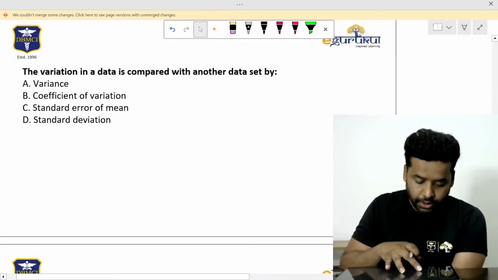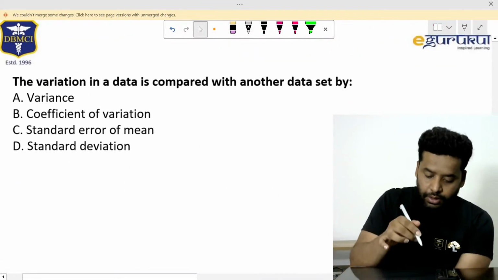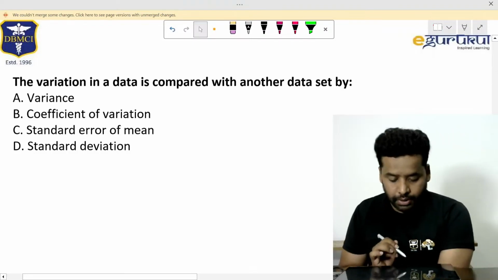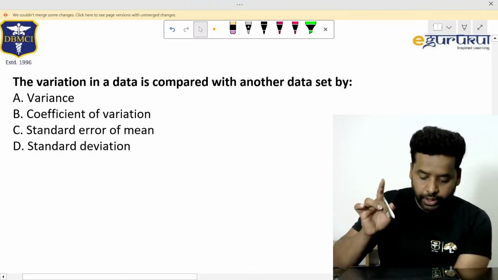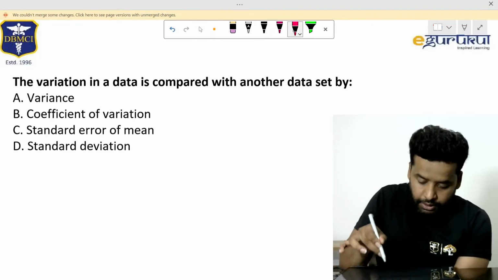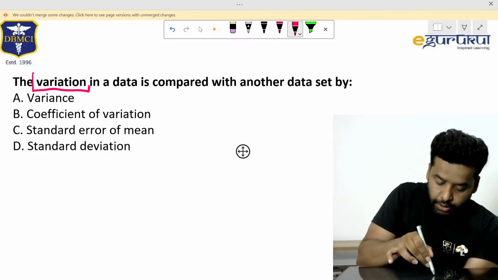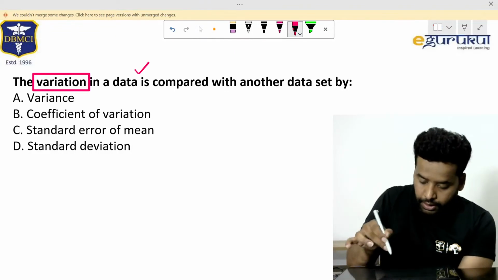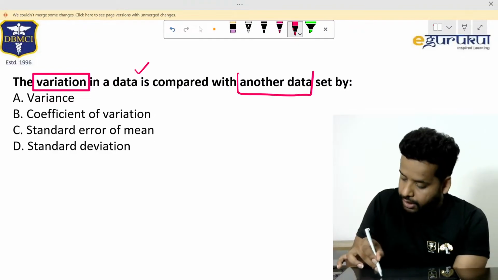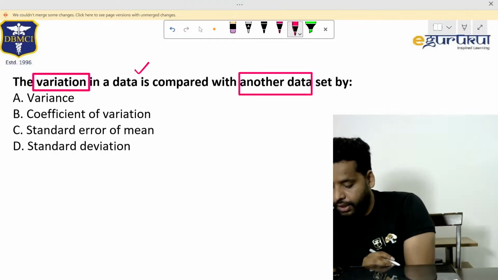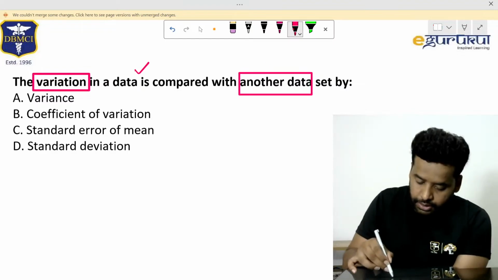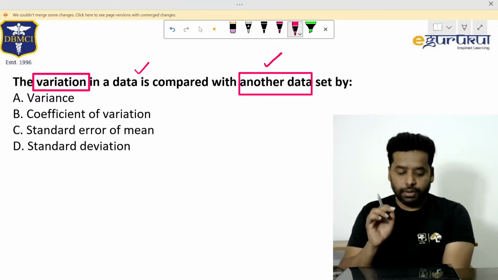See the question. Next question is, the variation in one sample can be compared with the variation in another sample. Tell me, what is this? You have the exact word in the notes.